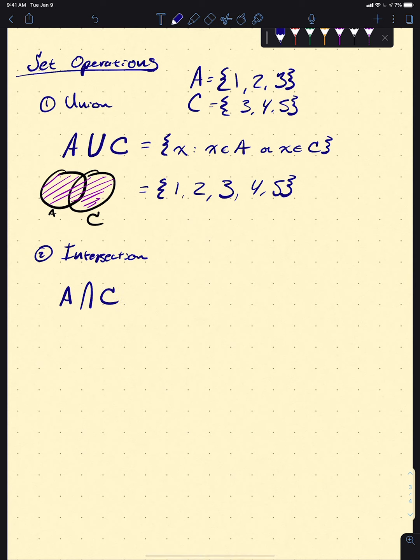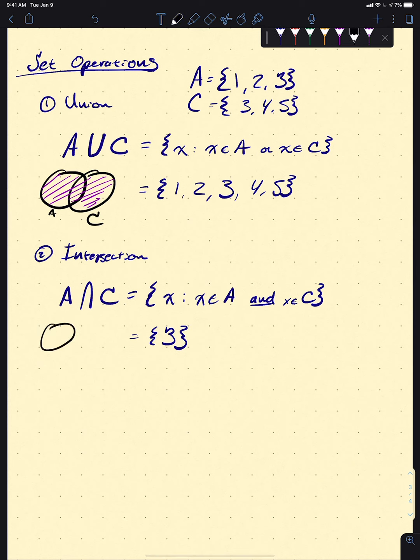So A intersect C starts very similarly. It's the set of all x, where x is in A and x is in C. So what this means is it's everything that's in both of them. In this case, that's a set containing one element, just the element 3.